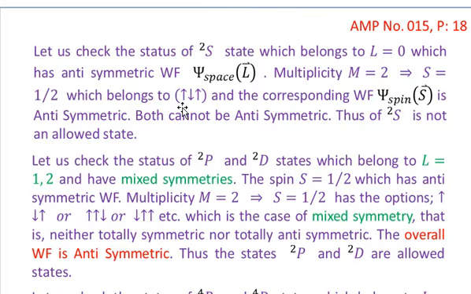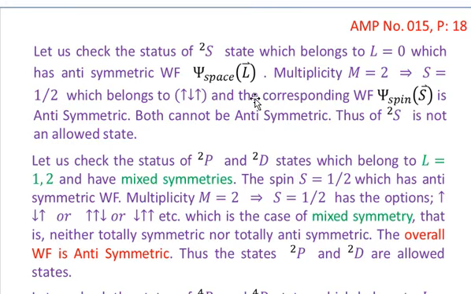So the first one has a value of plus half, the other one which is downward has a value of minus half, the third one again has a value of plus half, and two of them will cancel out, and the resultant value of the spin quantum number will be equal to plus half. And the corresponding wave function psi spin of S is actually antisymmetric because of the spin pattern, which is antisymmetric. So both cannot be antisymmetric.